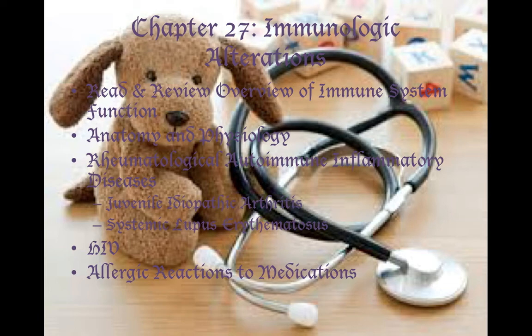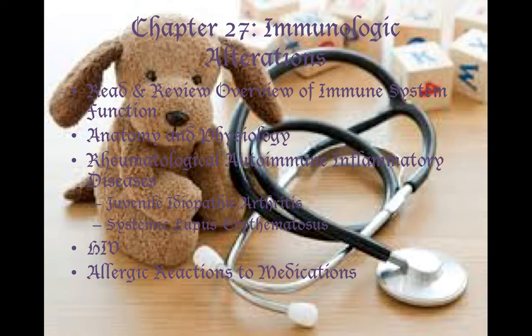So let's look at juvenile idiopathic arthritis, or JIA. Like I said, it was previously classified as juvenile rheumatoid arthritis, or JRA. It's a heterogeneous group of autoimmune chronic inflammatory diseases affecting the joints and connective tissues in children.